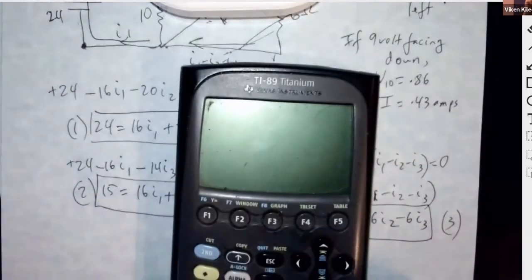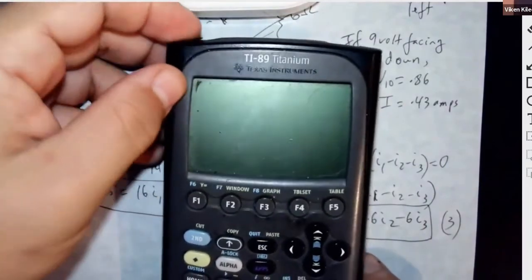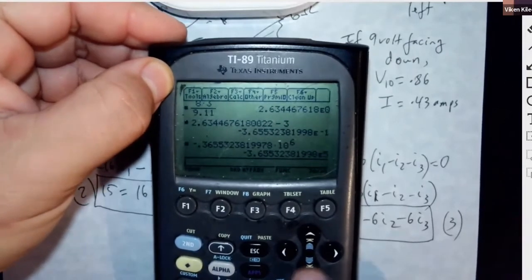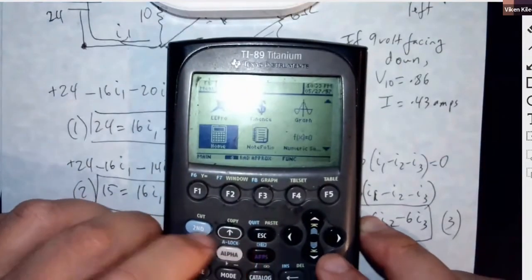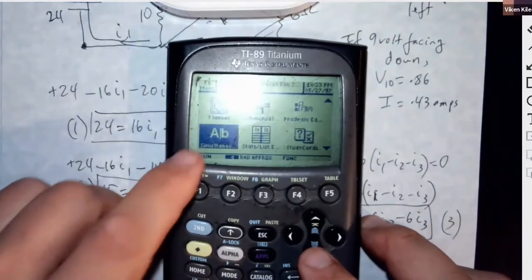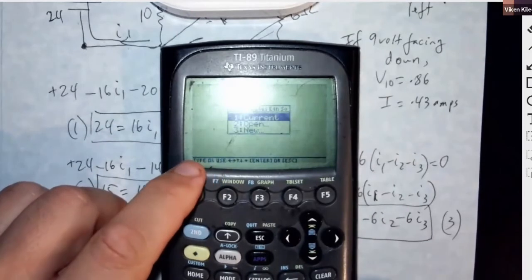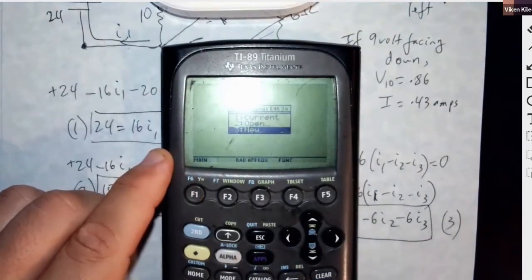Okay, now here's the chance. I'm going to put it into your simultaneous equation solver. You go to applications. You go down to where it says simultaneous. You see that? New.